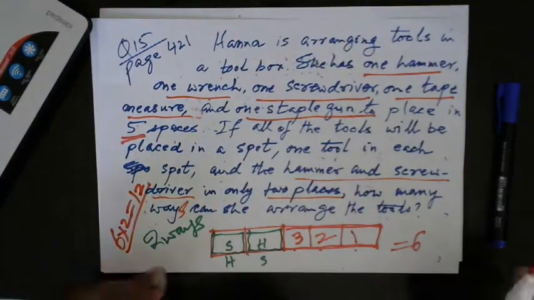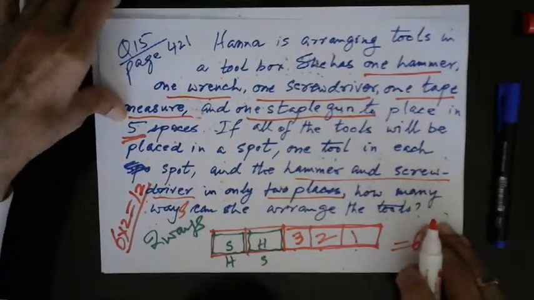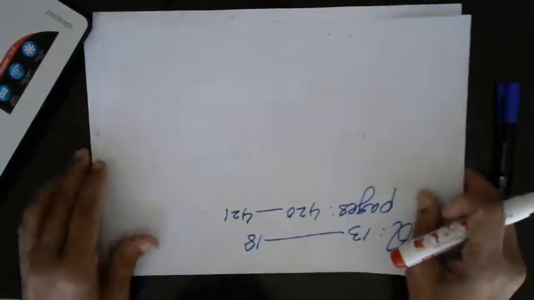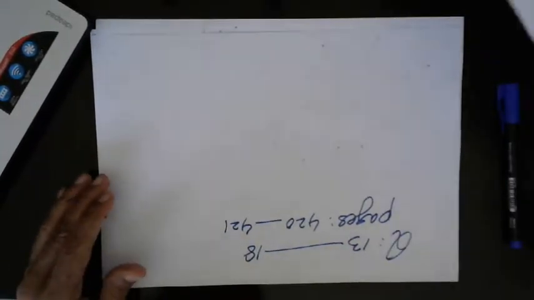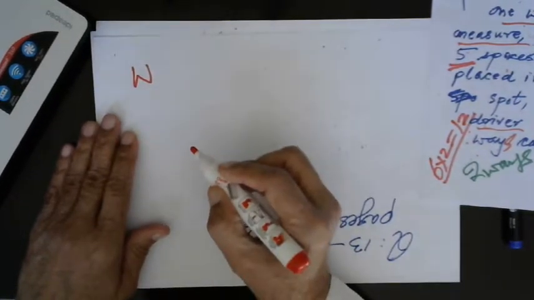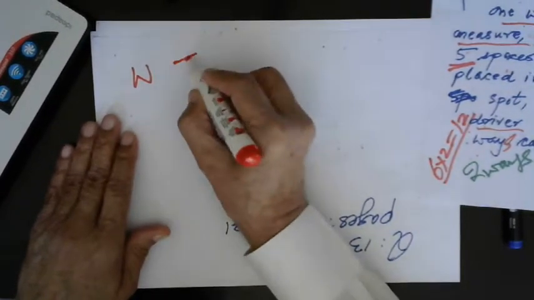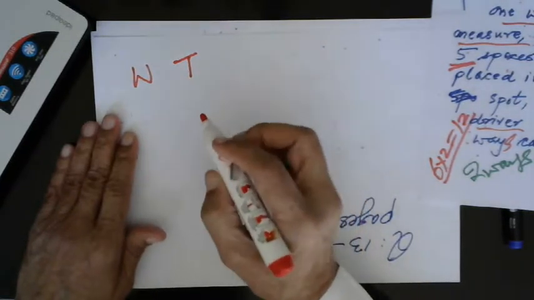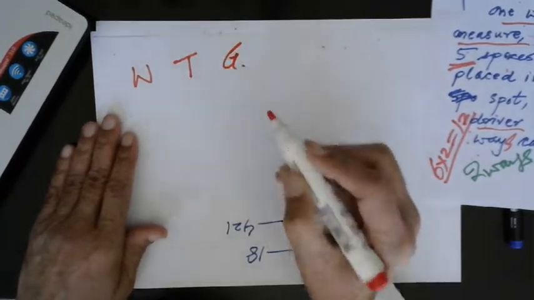I hope it is clear. Let me explain this further so that it becomes very clear to you. Let me write W for wrench and T for tape and G for staple gun.